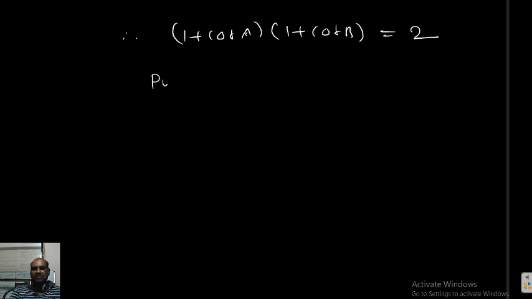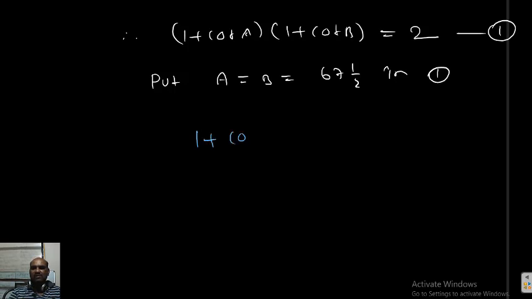Put a equal to b equal to 67.5 degree in equation 1. So 1 plus cot 67.5 degree into 1 plus cot 67.5 degree equal to 2.